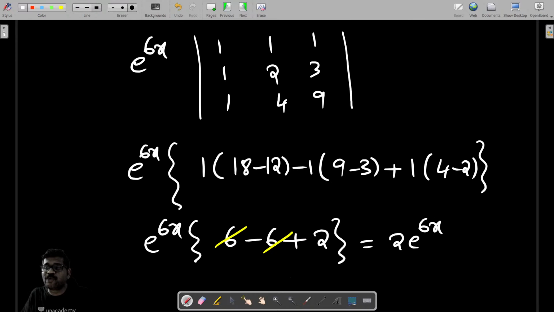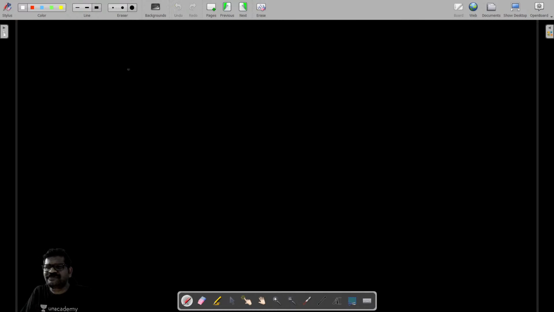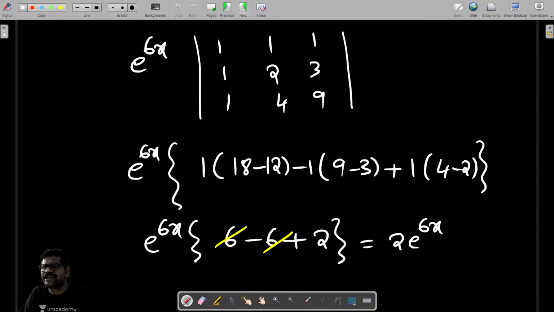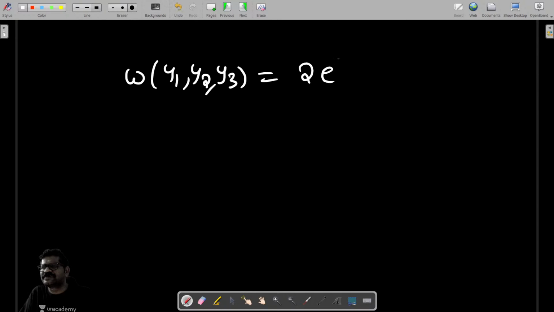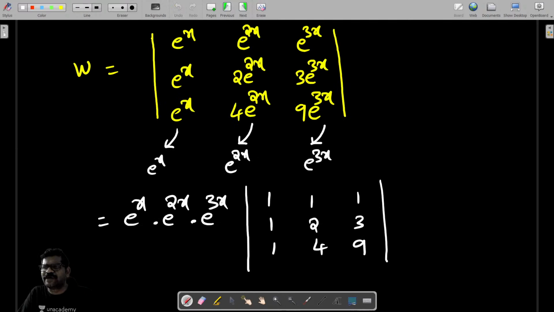So what we have to do? We have to compare this result. This is the Wronskian of y1, y2, y3 equal to 2 into e power 6x. Now observe.